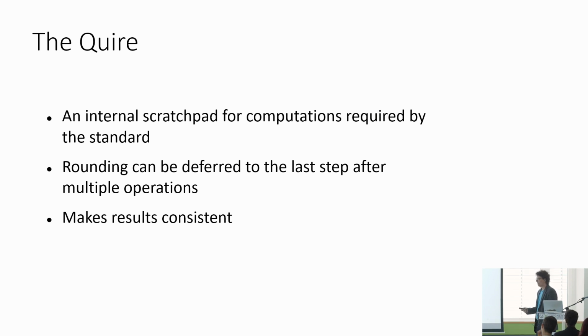And because the programmer has oversight over this and it is required by the standard, it makes results consistent across platforms and across different systems, because every system will need to have it. It also makes the distributive and associative laws of algebra hold, or at least hold better, so it's very good for parallelization.